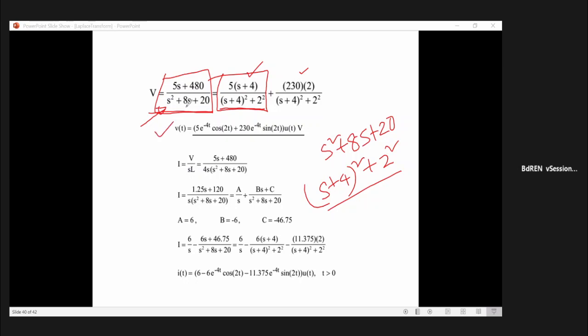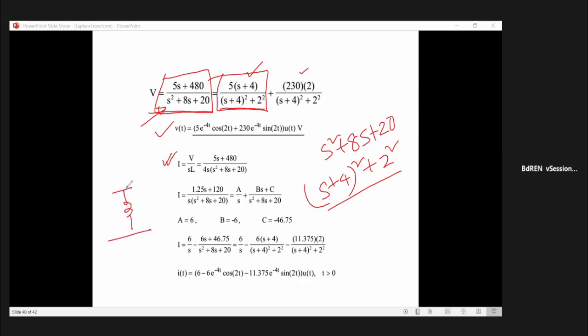Now, if you want to find the current, then what you can do, you can use your time domain technique to find the current, or you can use your Laplace function there. This current I is the current flowing through the inductor, and it is connected in this way.